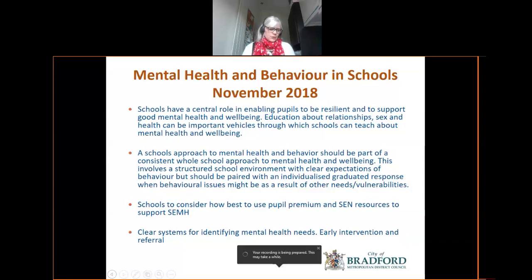The guidance focuses on early intervention and strengthening resilience. It links to both Chapter 6 of the Code of Practice and to the Equality Act 2010.